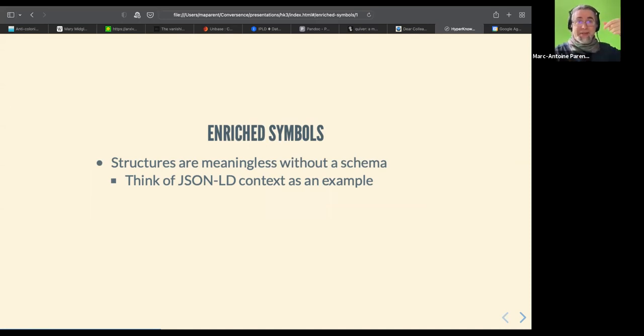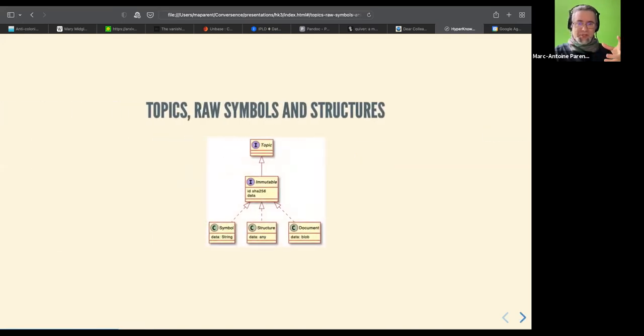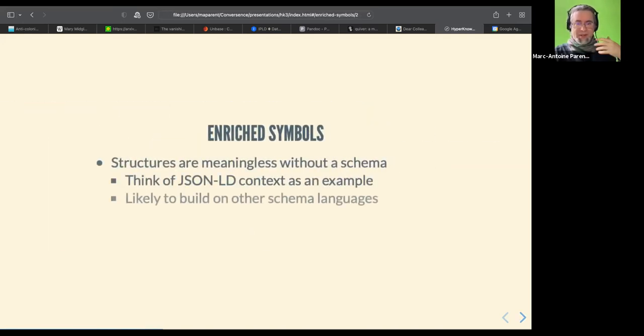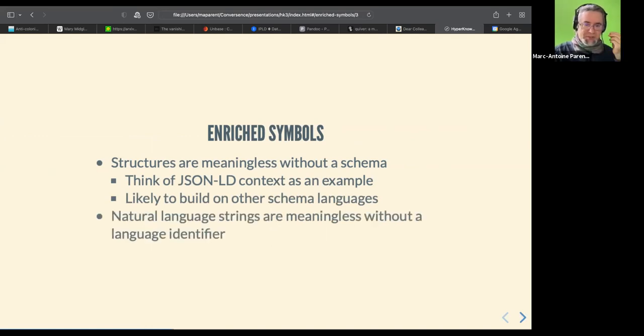So we'd want to annotate these immutable structures with context. There may be other schema languages; imposing one schema language is not the aim, but it's very likely I'll use JSON-LD in a reference implementation, though a slightly tweaked one, probably JSON-LD star, because everything is nameable.